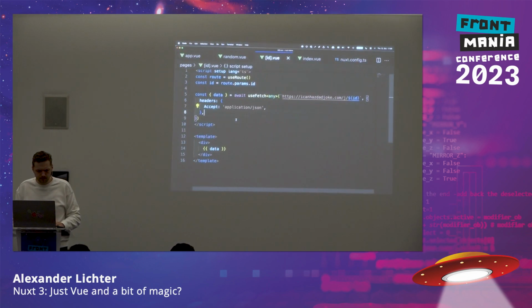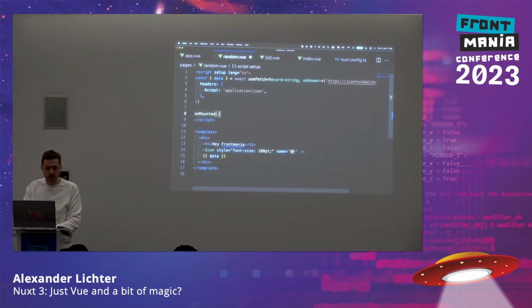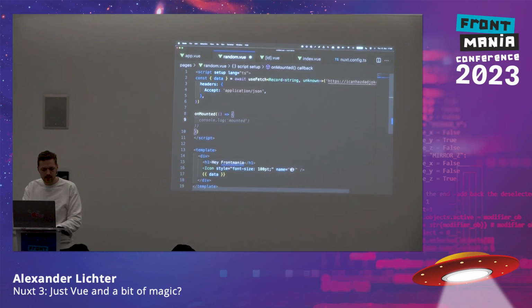So far, so good. And now let's go back to the random page here, and let's do something really fun. Let's say unmounted. So ensure that's on the client side. We want to refresh it. Let's say here, refresh the joke every 5 seconds. OK. And useFetch also gives a refresh function.